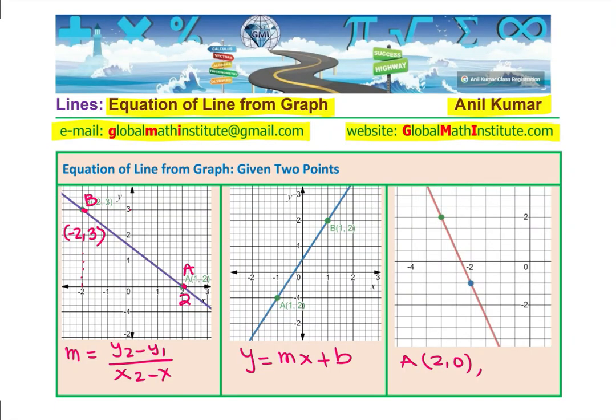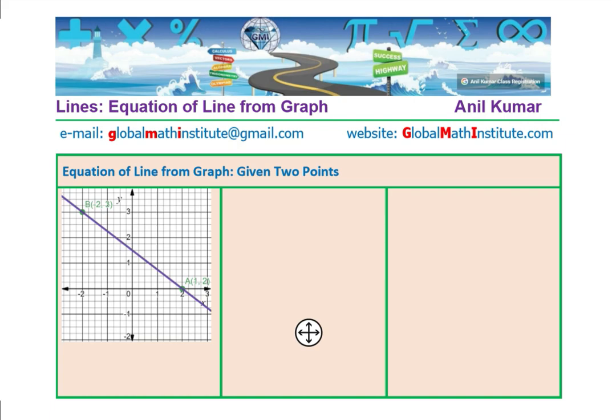Now, let us look in details of how do we find equation of a line. So as I said in the beginning, we need to identify at least 2 points. In this given situation, the 2 points are x-intercept, I'll call this as point A, and another point here is a good point to see, since it gives me the x value of -2 and the y value of 3.